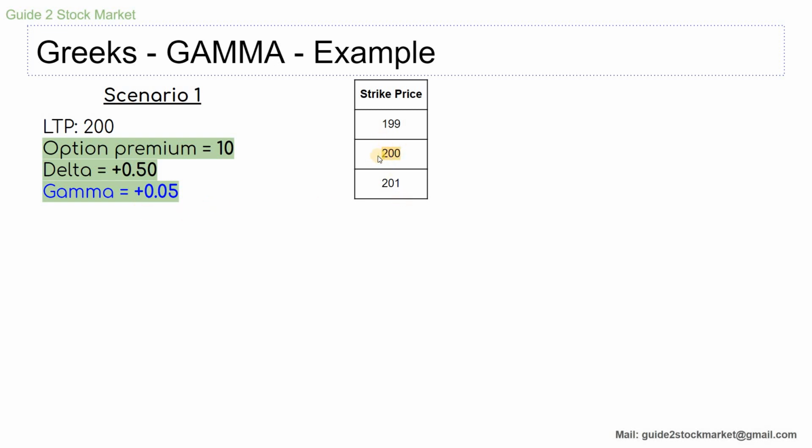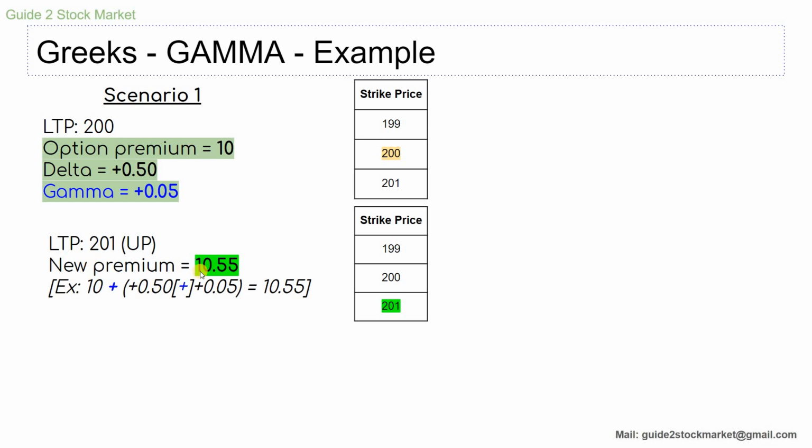Let's see if the price increases by 1 rupee to 201. Now the LTP is 201, and the new premium will be 10.55. How? Here gamma is added to delta: 0.5 plus 0.05 gives 0.55, which gives a premium of 10.55.